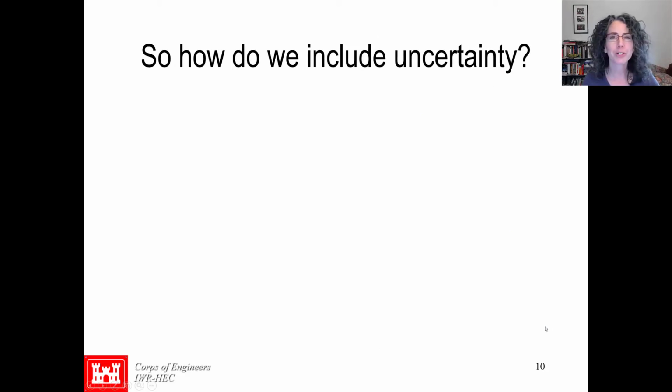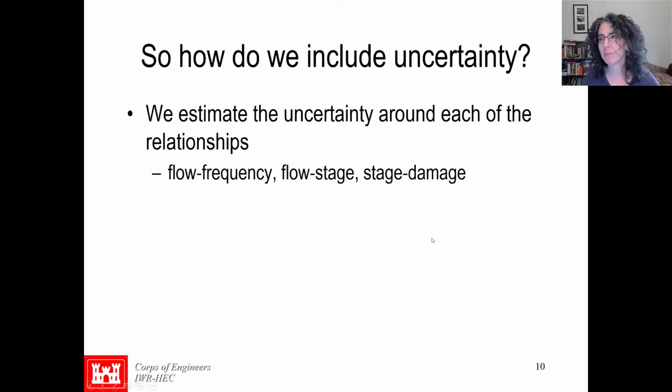Right? So how do we include the uncertainty? Well, the first step is going to be to estimate the uncertainty about each of these relationships. Right? At this point, I've kind of skipped over estimating the uncertainty and jumped right to how we're going to incorporate it, but it's very important to consider how we estimate the uncertainty. That's going to be done on day 3 and day 4 in 3 separate lectures.